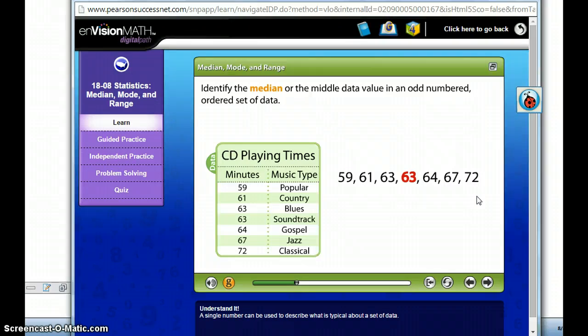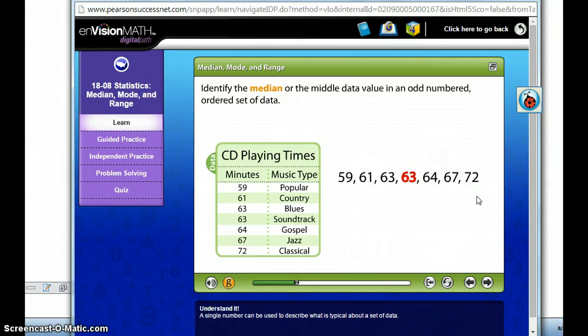But we said yesterday, if you have an even number of numbers in your set of data, you need to find the number that is directly between the two. Sometimes that's easy, like if you have 6 and 7, then your median is going to be 6.5, because that's directly between 6 and 7.